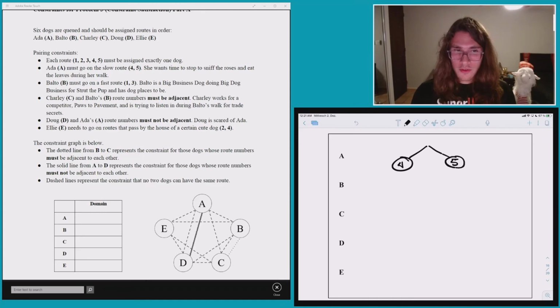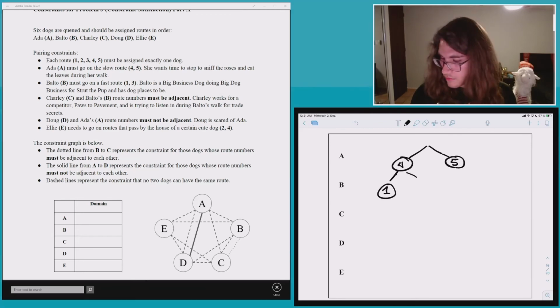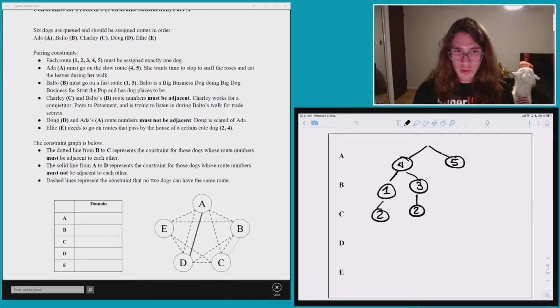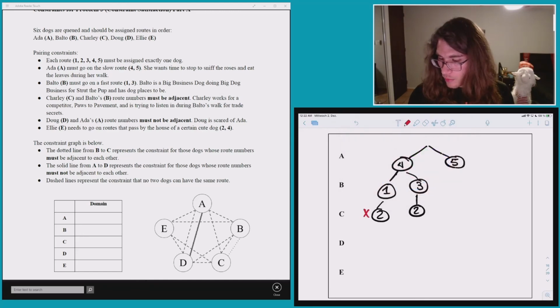So these circles indicate that it was assigned at one time. So 2 was assigned twice, if you remember, and we backtracked at this point.